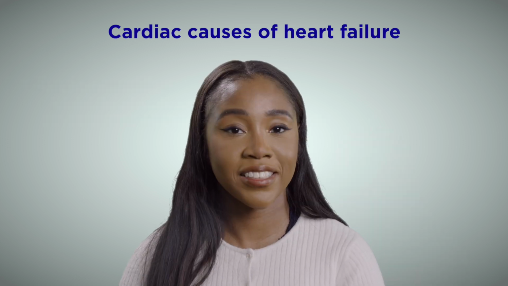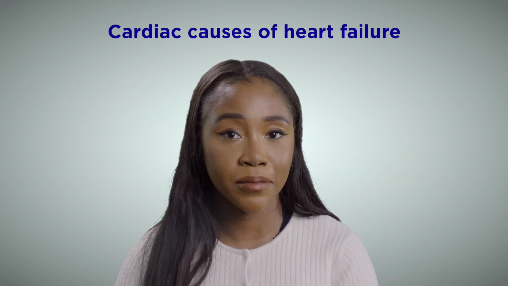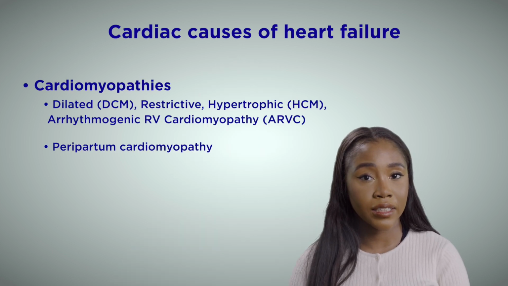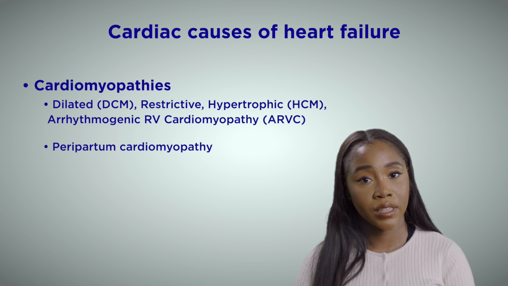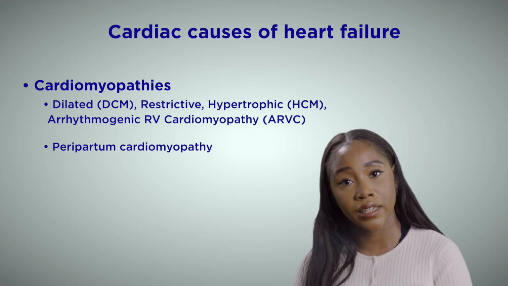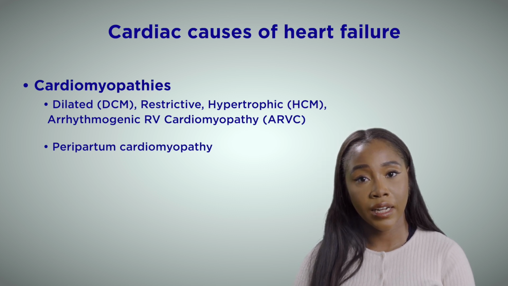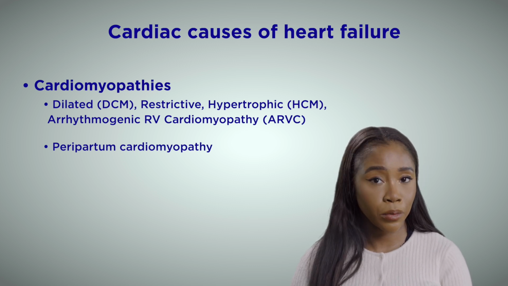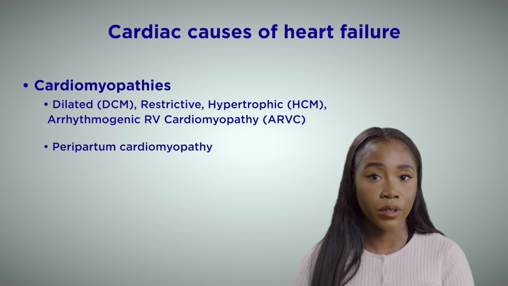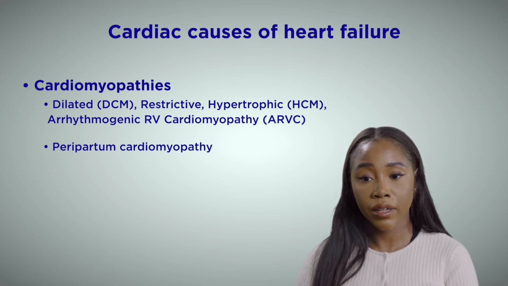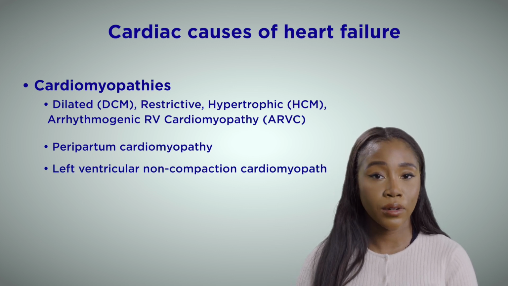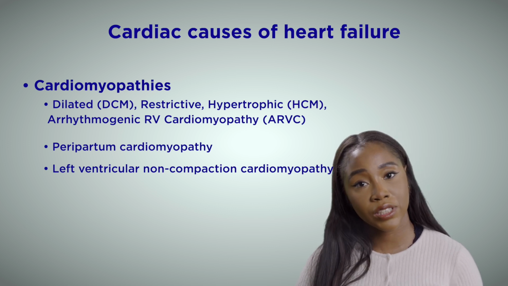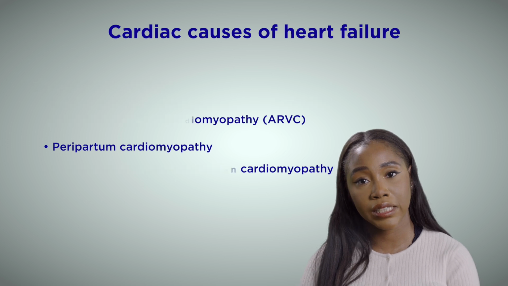So it's important to know about peripartum cardiomyopathy, where pregnant ladies can develop cardiomyopathy in the beginning or towards the end of their pregnancy, and they can get the previously mentioned cardiomyopathies. So it's very important to have an echocardiogram with those ladies. There's also left ventricular non-compaction cardiomyopathy, where the heart is very spongy. So again, that causes an issue.